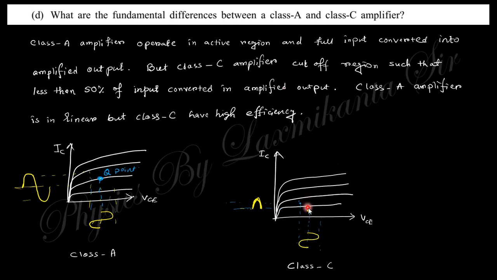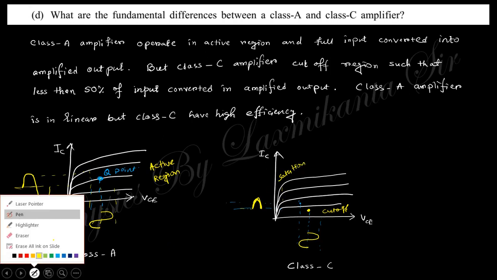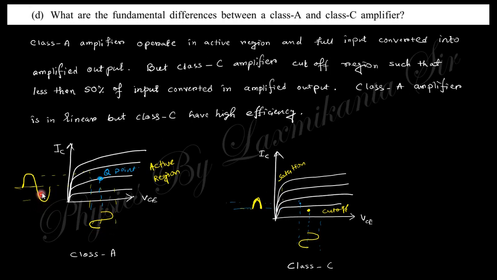And class C is where the operating point is within the cutoff region. This is the active region of a transistor, this is the cutoff region, and this is the saturation region. So in class A, the total input is converted into output, and in class C, less than 50% of the input is converted into output.